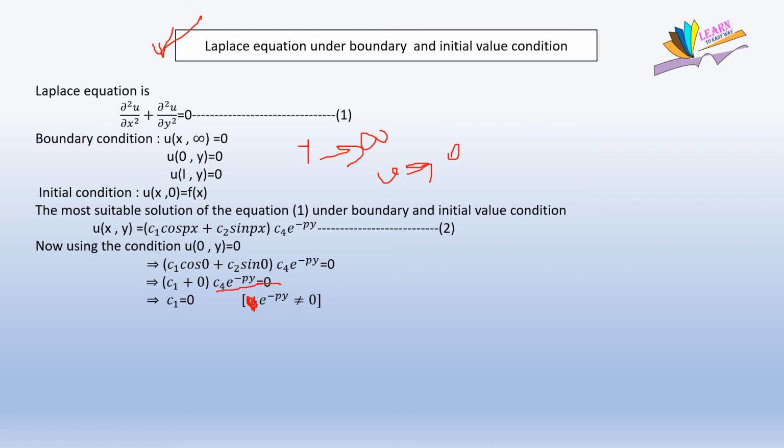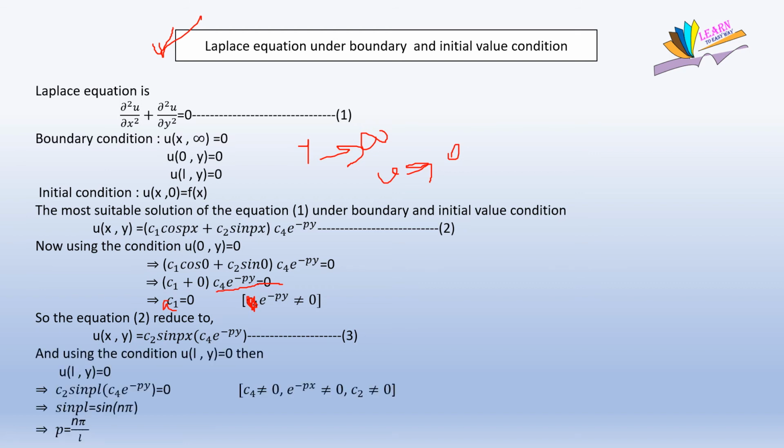So the equation 2 reduces to u of xy is equal to c2 sin px into c4 e to the power minus py.